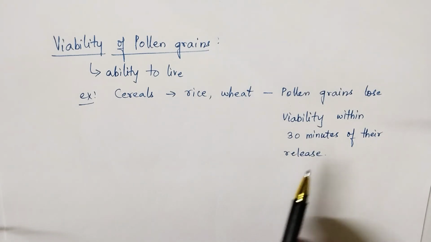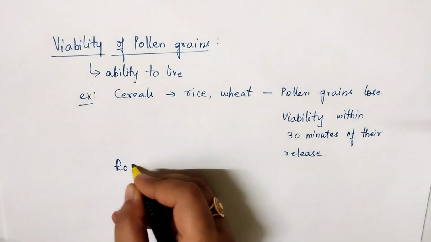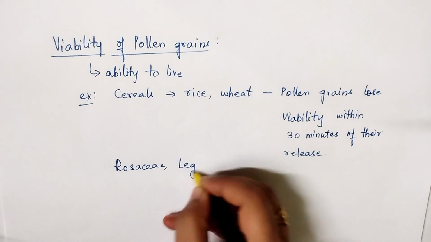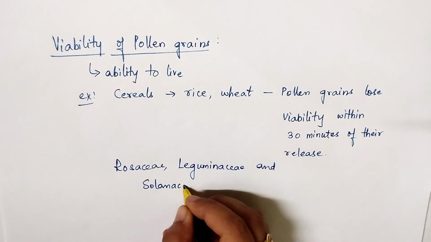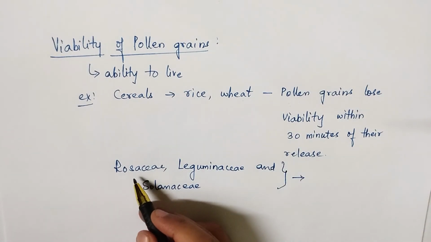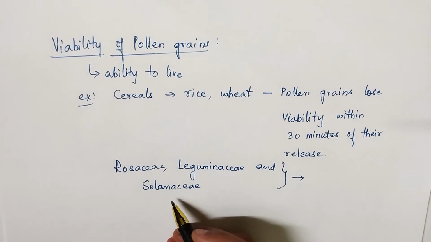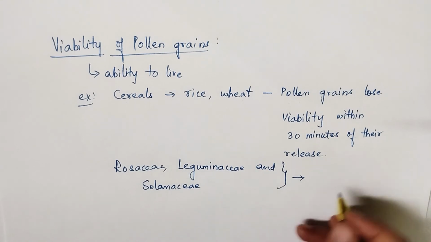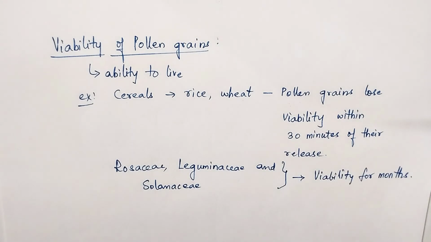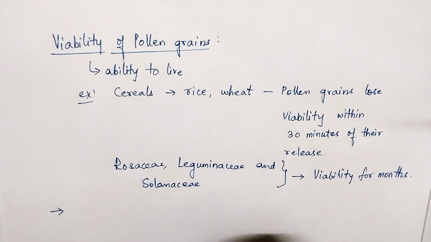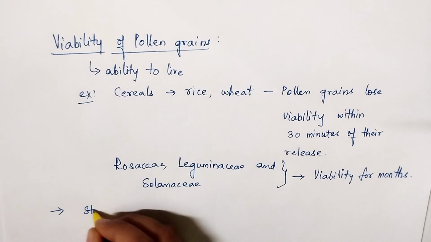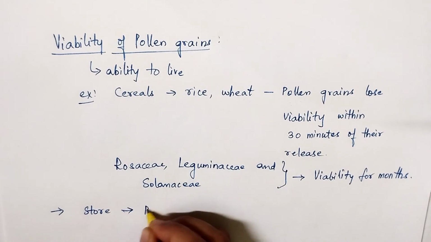Whereas in some families like Rosaceae, Leguminosae and Solanaceae, the pollen grains maintain viability for months. It is also possible to store the pollen grains of a large number of species for months or even years.